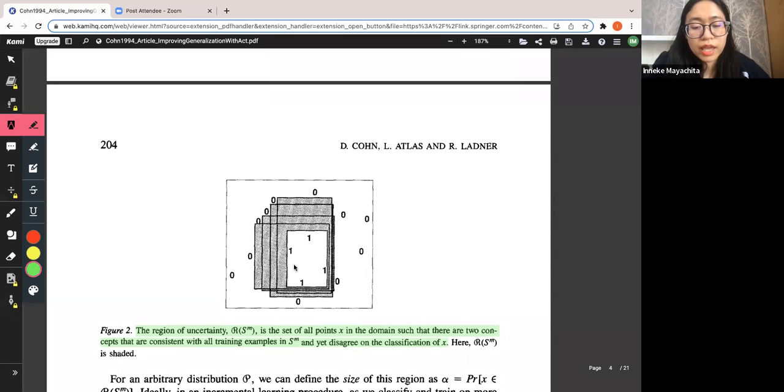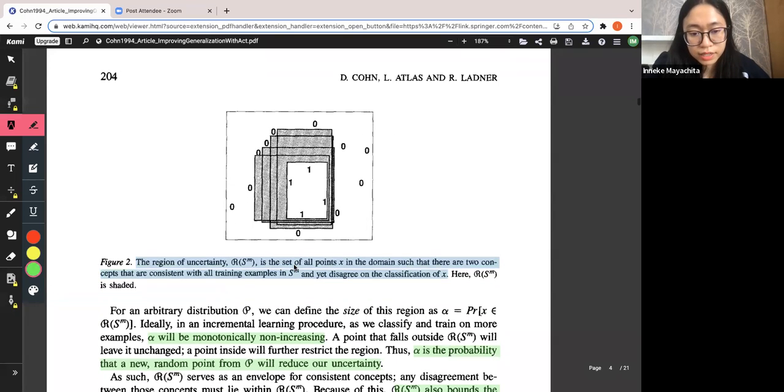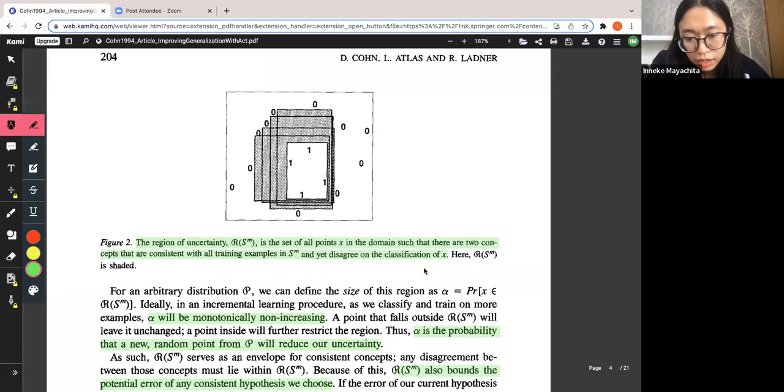And this is what they refer to as the region of uncertainty, or in this paper, the symbol is RSM. This shaded area is where we want to sample our examples from for the next training.